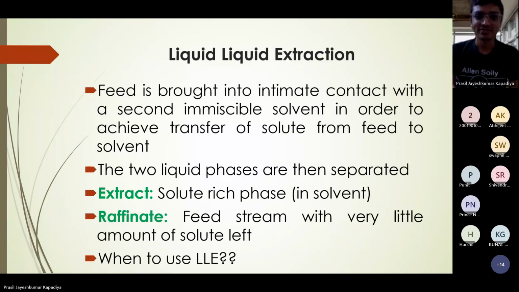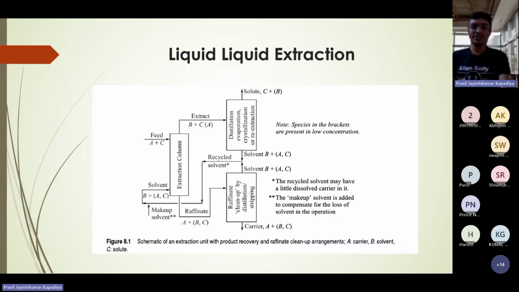So this is one schematic, which I have taken from the standard book by B.K. Datta. The feed containing A and C is added into the extraction column with solvent B. We will see why the solvent also has A and C. With solvent B, we are extracting C, so B plus C and some amount of A will be there.